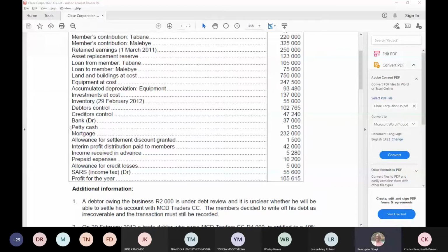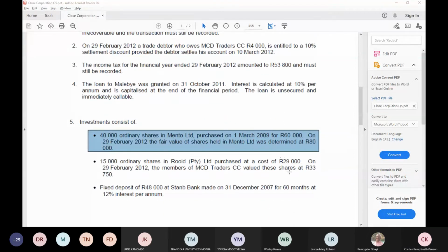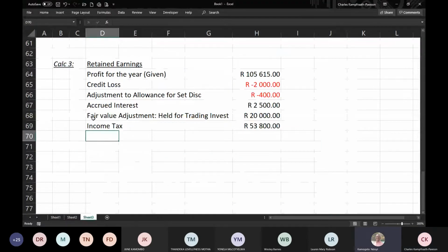Just want to ask, wouldn't the OCI go to the asset replacement reserve for the unlisted shares, the 4,000 difference? Isn't that through OCI? Correct. What was that adjustment though? It moved from 29,000 to 43,750. That is the 4,750, something like that.